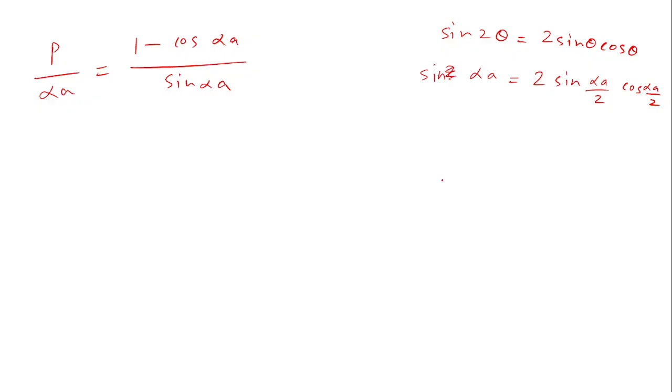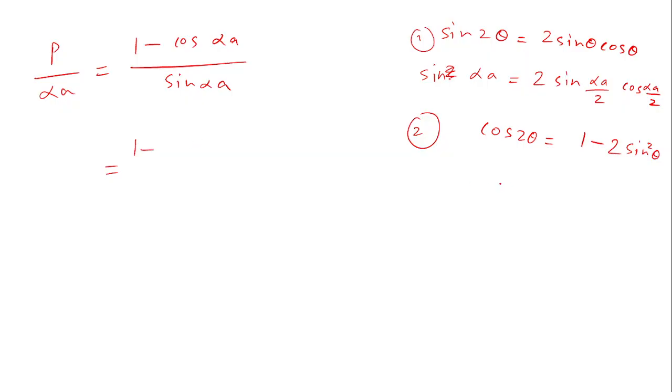I can expand it like this. And I have one more identity, which says cos 2 theta is 1 minus 2 sin square theta. Using that, I'll replace this.